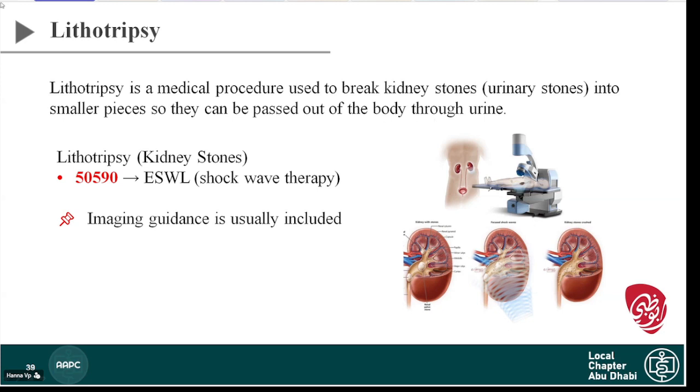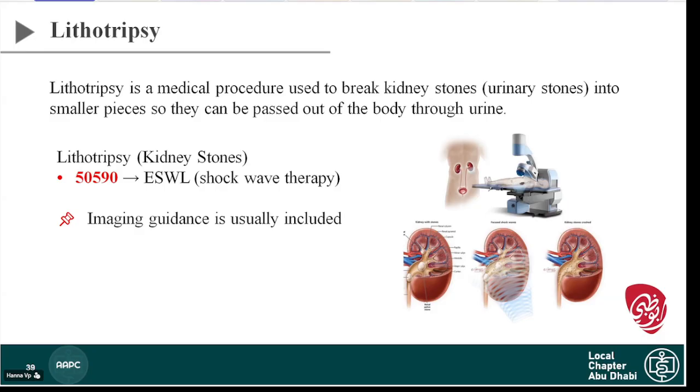You know, guys, sometimes the stone size is bigger. So in this case, the stones cannot pass through the urine. So during this time, the doctors will suggest doing the lithotripsy.